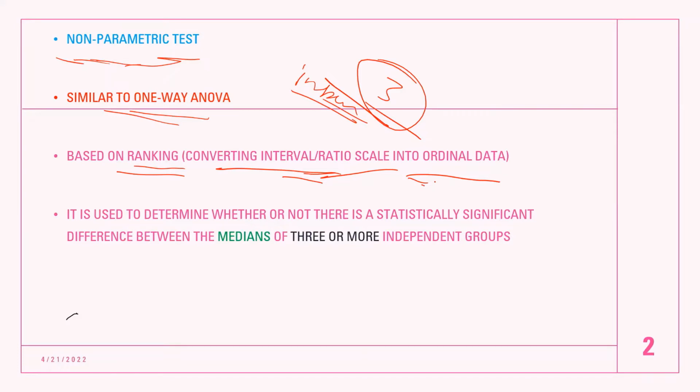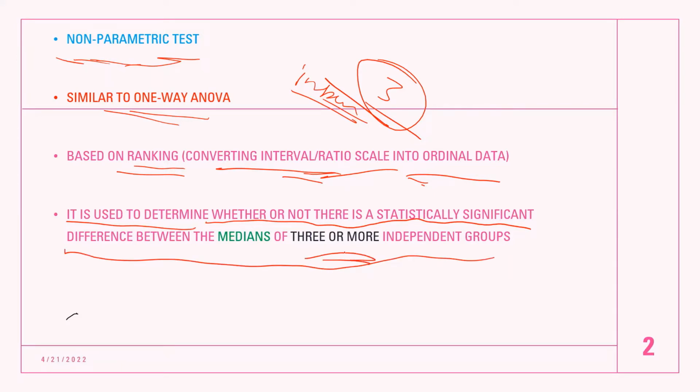As we go by the definition, it is used to determine whether or not there is a statistically significant difference between the medians of three or more independent groups. Just like in ANOVA, which is the analysis of variance, we are talking about the mean difference between the groups.